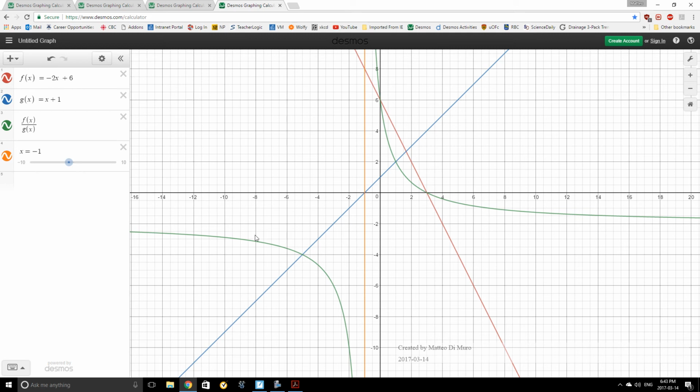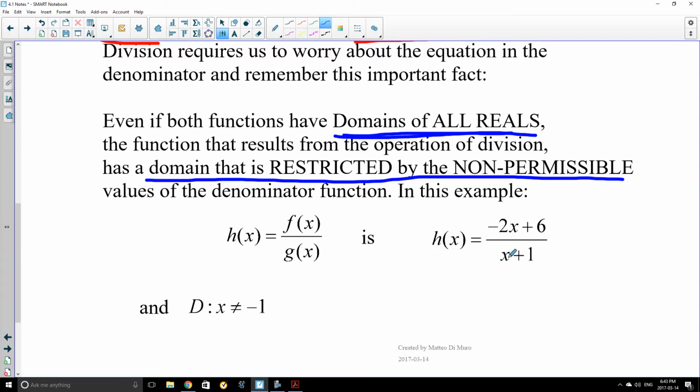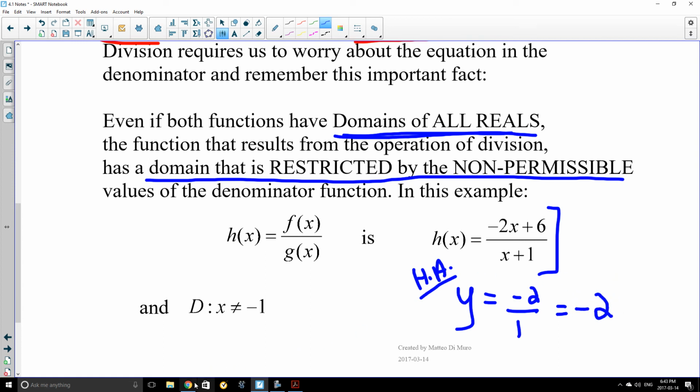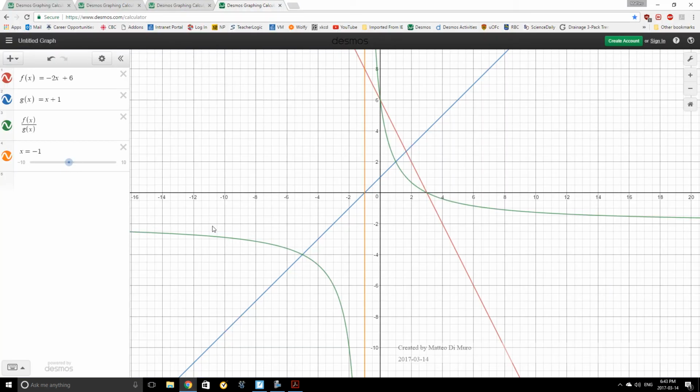We do the leading coefficient in the numerator divided by the leading coefficient in the denominator. So we're expecting a horizontal asymptote at negative 2. You can see that on Desmos, those green lines are not crossing negative 2. So you can see it going and hugging. I can plot that point there. So you can see that they do not cross that purple line. All right, so this big mess, this is the reason why the exam tends to stay away from those functions.